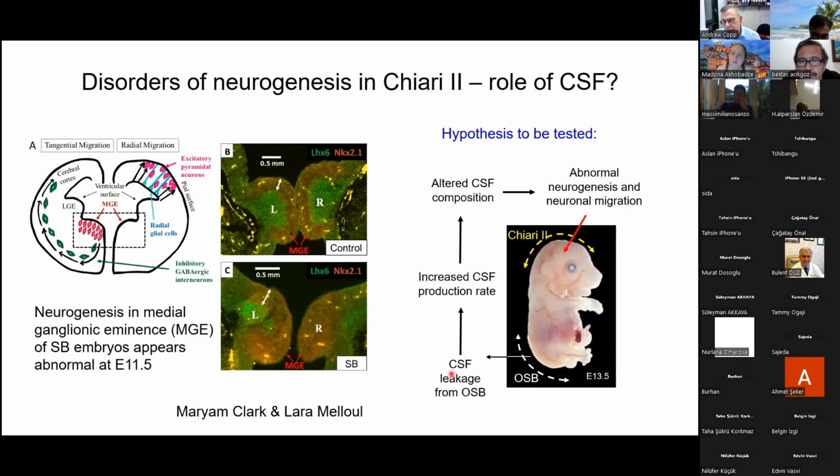It's doing this via an increased CSF production rate, because of course the fluid is being lost, so the brain is working hard to make more. We hypothesize that this leads to an altered composition of the cerebrospinal fluid, and that itself can affect neurogenesis. And so we're just getting ready to do that study at the moment.